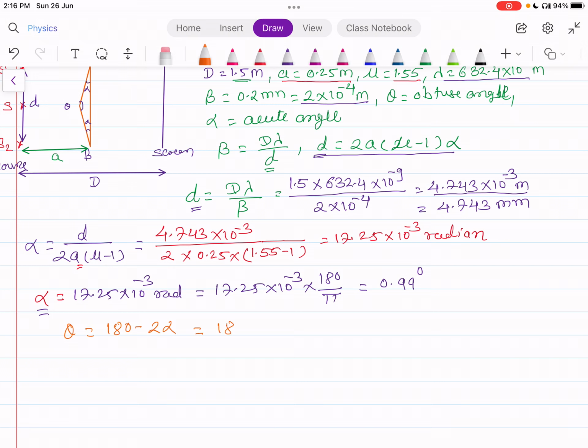Now instead of 180 degree, I will write here 179 degree and 60 minutes. 60 minutes means 1 degree.